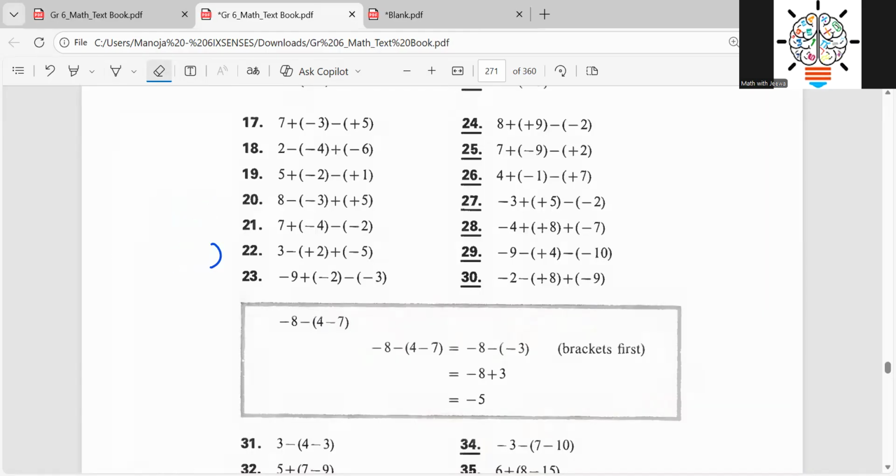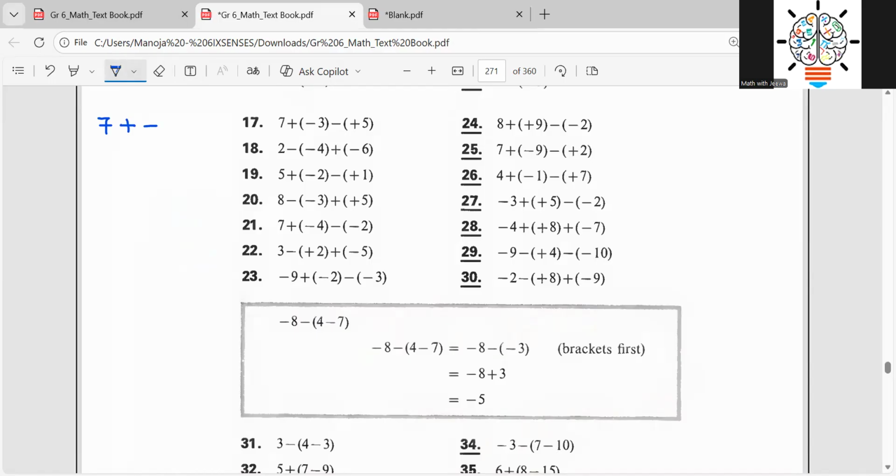If you come across that kind of situation, children, the first thing you should do is understand what signs you have, the closer signs. Here you have positives and negatives. Before that, if you have a plus sign and a bracket, in between the plus sign and the bracket we have a hidden multiplication.